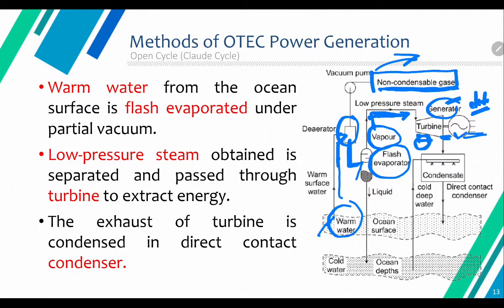The steam output from the turbine goes to the condenser, which is maintained by cold water. The cold water from deep inside the ocean is used to condense the steam from the turbine so that it liquefies and can be redirected to the ocean again.